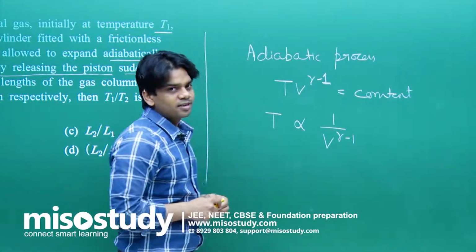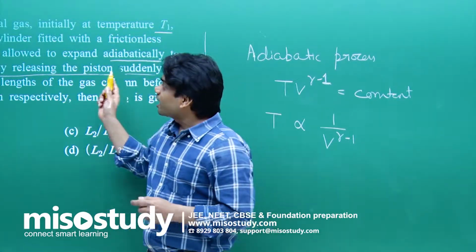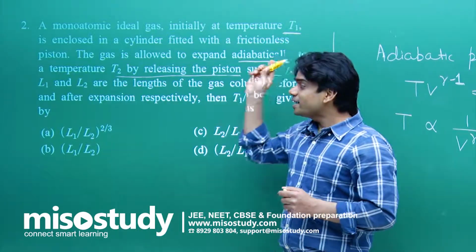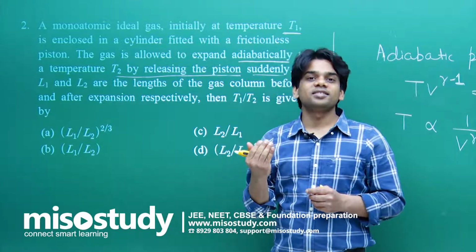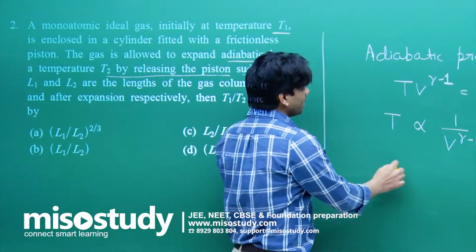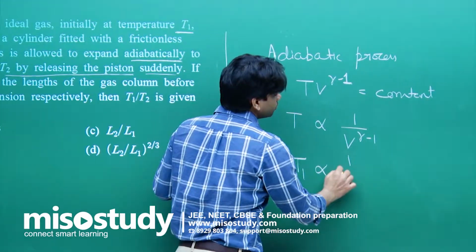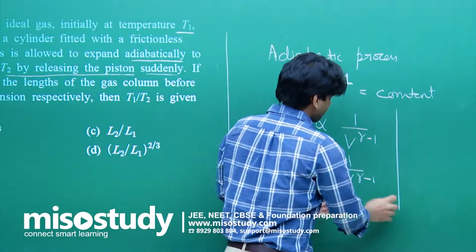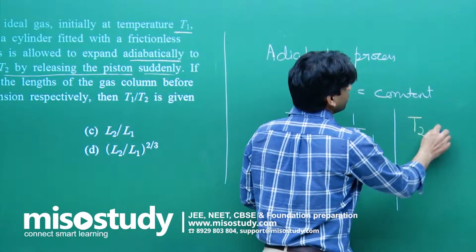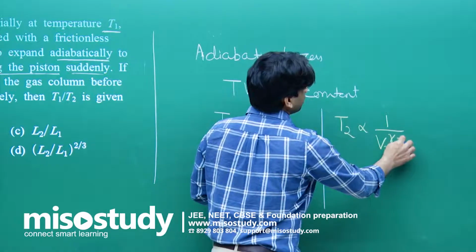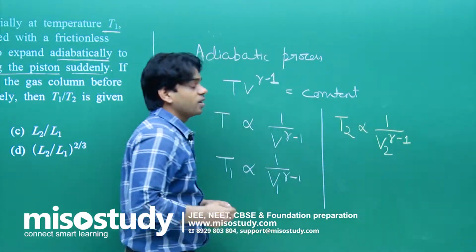Now it says that an ideal monoatomic gas is initially at temperature T1. Let's say the initial temperature is T1, and the initial volume is V1. So we can write that T1 will be proportional to 1 upon V1 power gamma minus 1, and T2 will be proportional to 1 upon V2 power gamma minus 1.